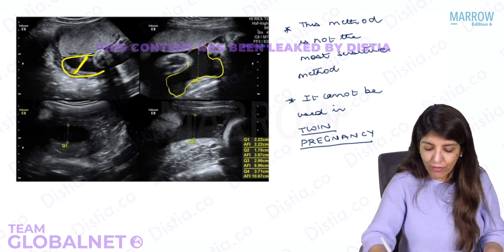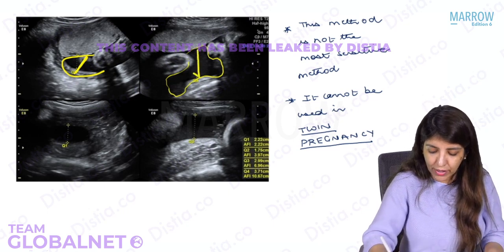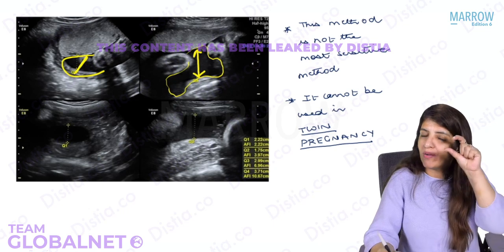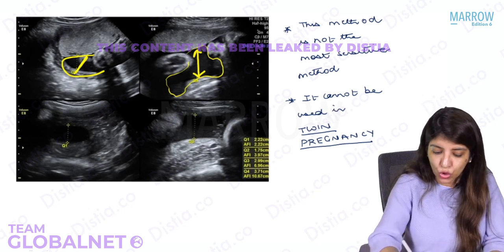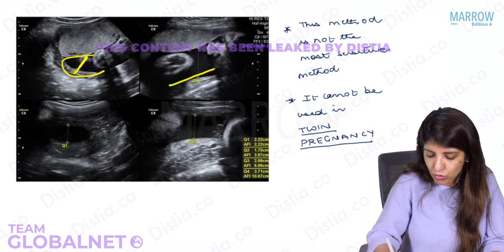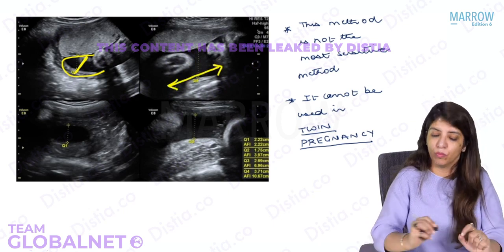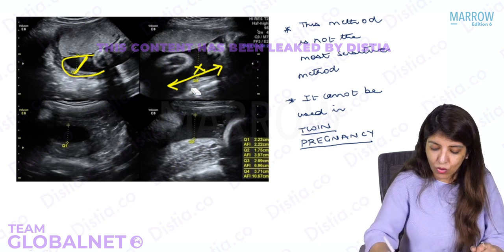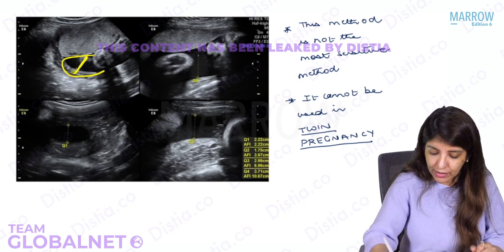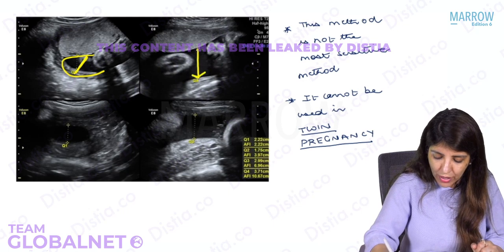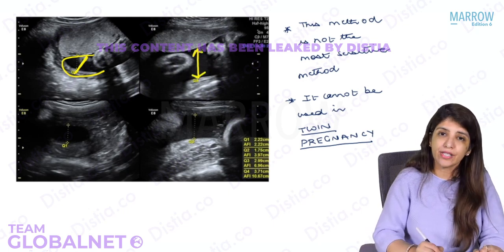So over here, you have to measure the largest vertical diameter. Please remember, you have to measure the vertical diameter. You don't have to measure the transverse diameter. You are not going to measure the transverse diameter like this. No, this is wrong. You are going to measure the vertical diameter, the largest which you can measure, right?